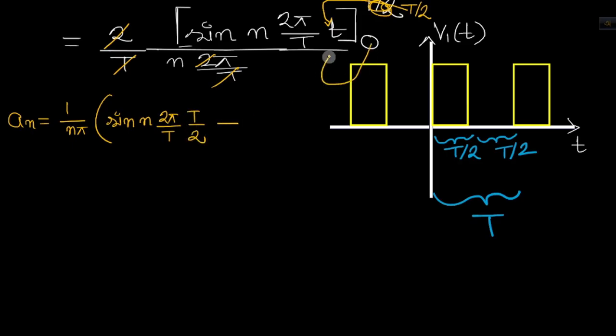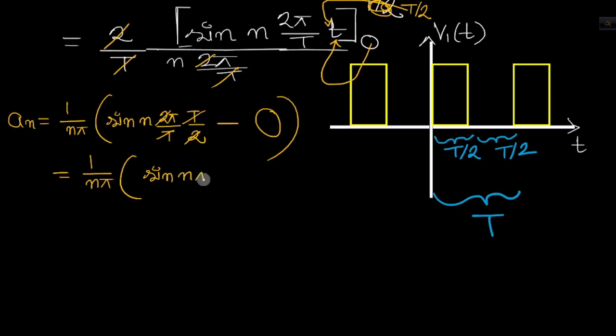Then if I put 0 radian here, sine 0 radian means 0, right? Then an is equal to 1 by n pi. 2 cancels out, T cancels out, then sine n pi. So I have a value of an like this, and n can be 1, 2, 3, 4, 5 up to infinity.